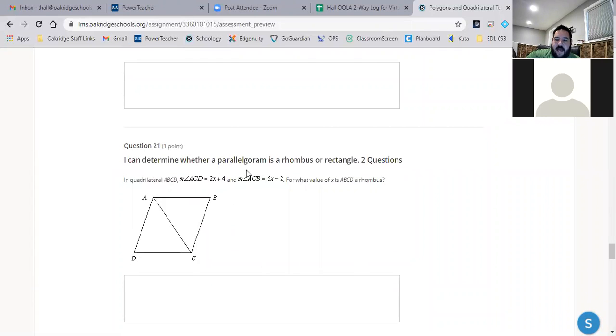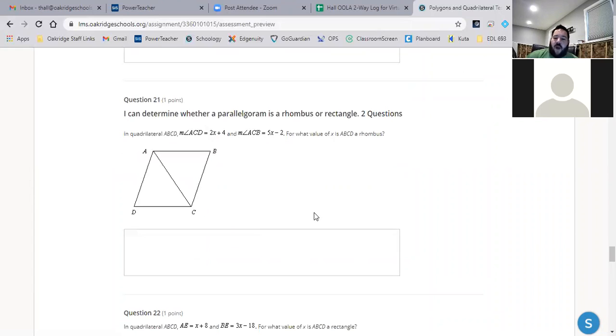Then we looked at determining whether a parallelogram is a rhombus or a rectangle. We even did some square stuff as well. So rhombuses, remember, all four sides are the same, or all four sides are congruent. A rectangle, all four interior angles are the same, or they're all 90 degrees.